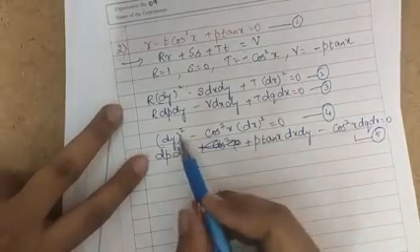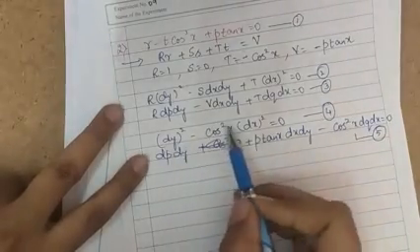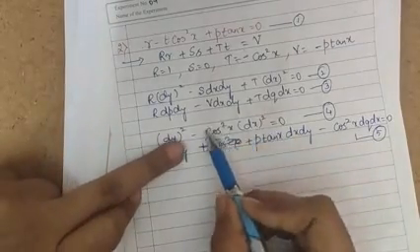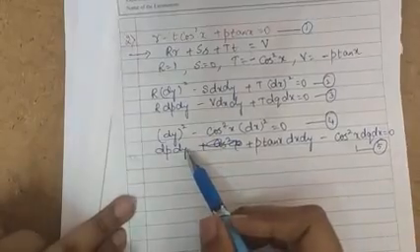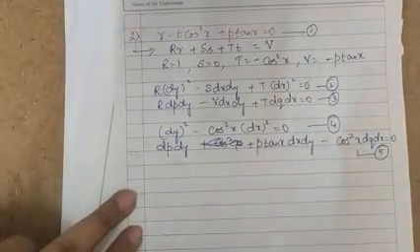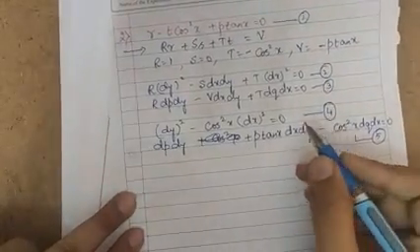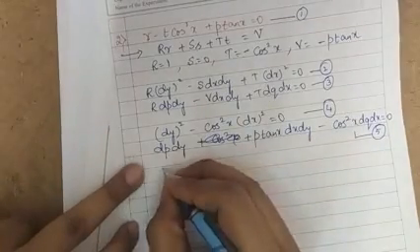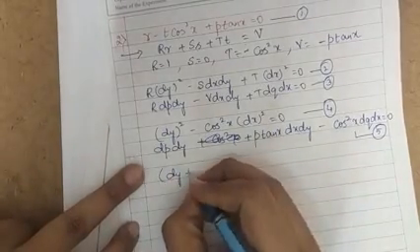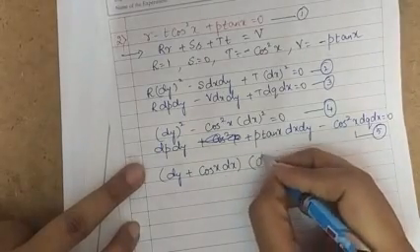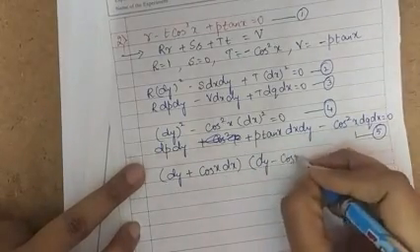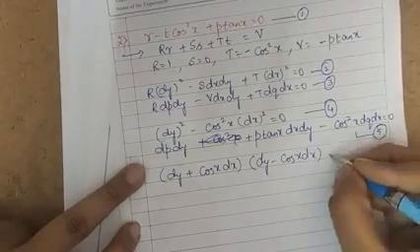So from 4, again, this is in the form of a square minus b square. I can write this as dy whole square minus cos x dx whole square. The formula of a square minus b square is a plus b into a minus b. So I will get dy plus cos x dx into dy minus cos x dx is equal to 0.